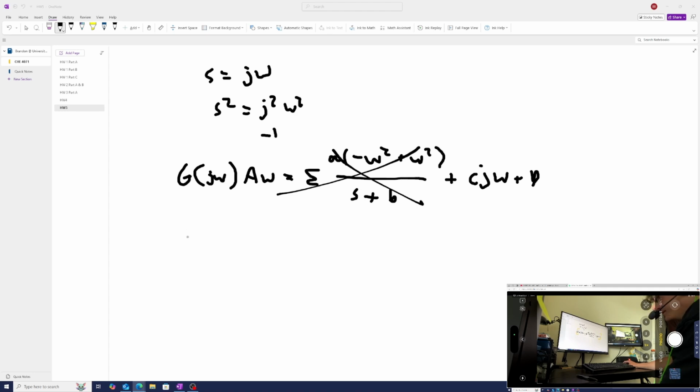From here, we can rewrite our equation again, dividing across by A omega, giving us our G of j omega is equal to our C j over A plus D over A omega. And since our C and A are numbers, we can turn this into another variable, which we will call I for our imaginary part.